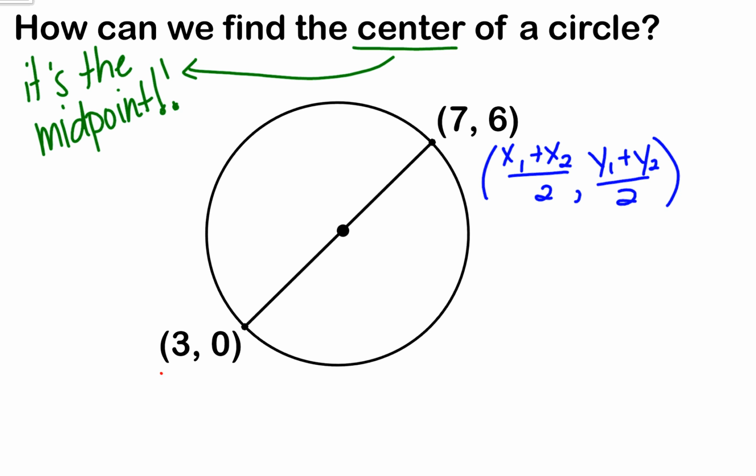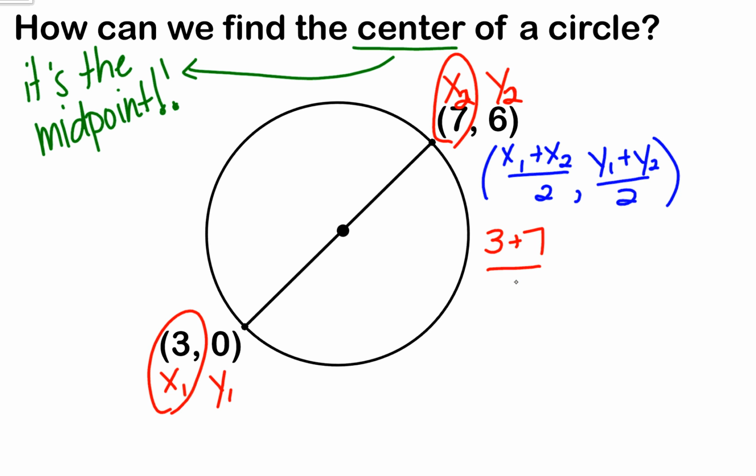So now I'm going to substitute in, and every time I substitute in, I like to label my x coordinates and my y coordinates, point 1 and point 2. So x1 is 3, and x2 is 7 over 2. y1 is 0, and y2 is 6.